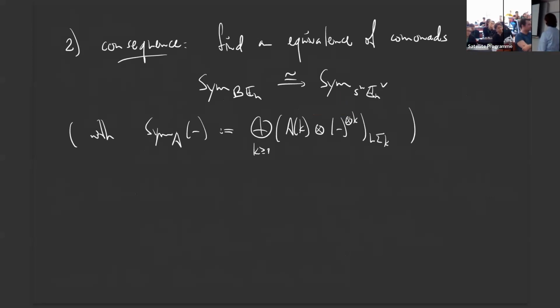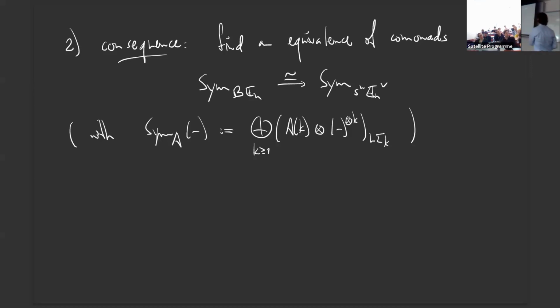The notation I'm using is that for a symmetric sequence A, I'm writing Sym A for the thing that looks like the free symmetric algebra, like the free E-infinity algebra, but with coefficients in this symmetric sequence, adding up all the extended powers that you would associate with the symmetric sequence A. All right, so these two things are the same.